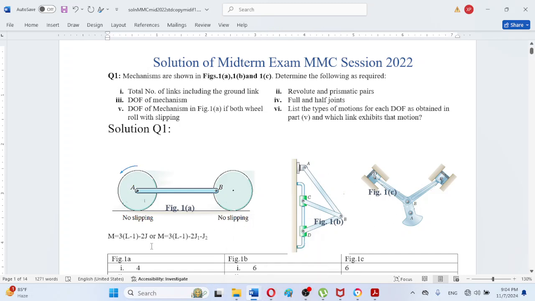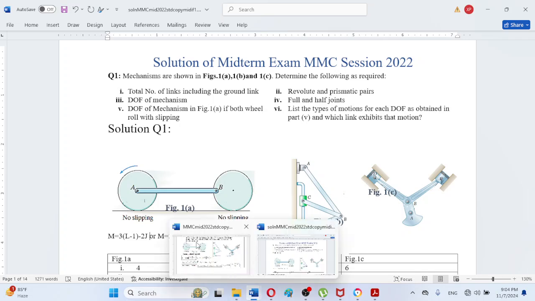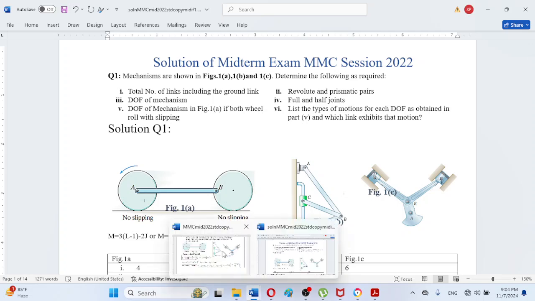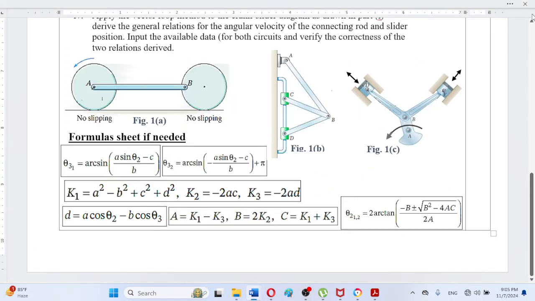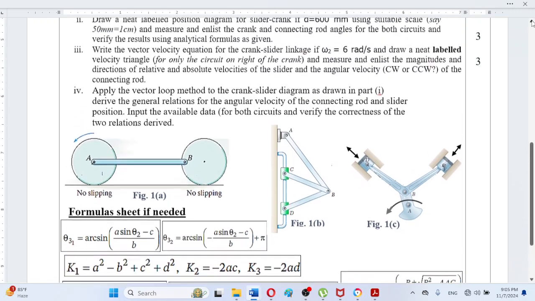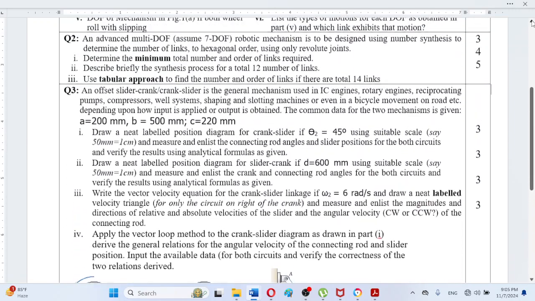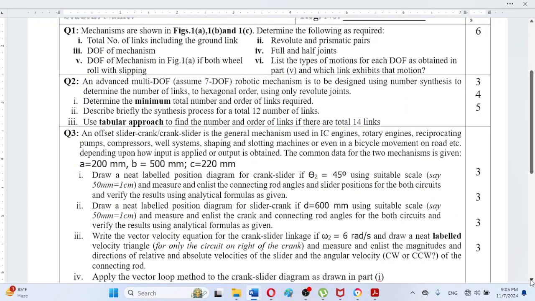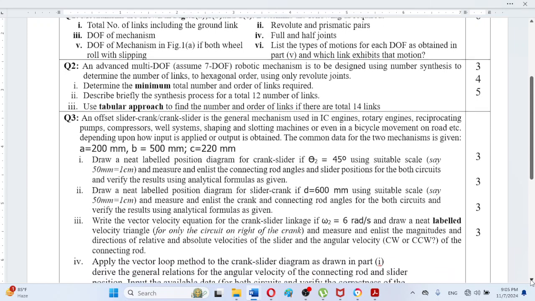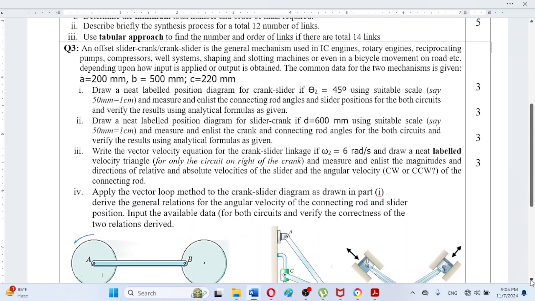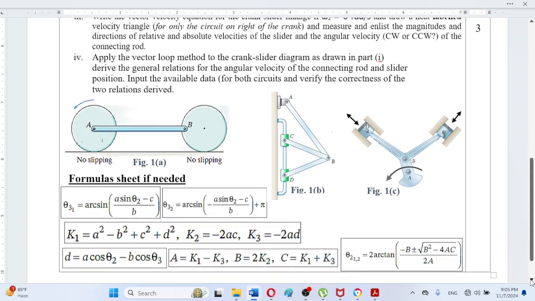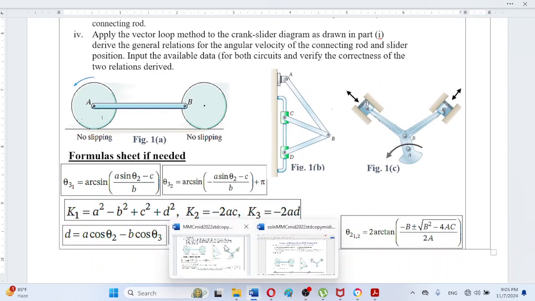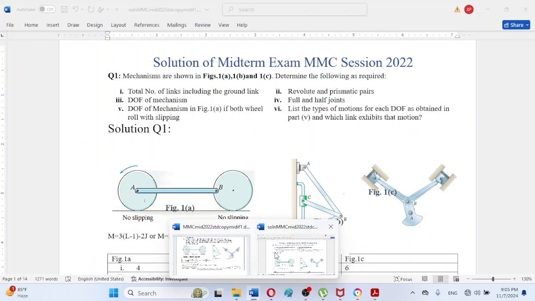I can also show a brief glimpse of the question paper that was conducted. Here, as we can observe, this is the brief overview of the question paper, and this is the solution.